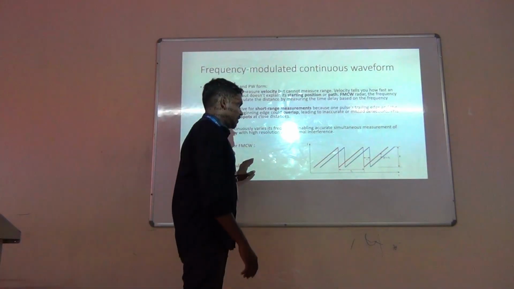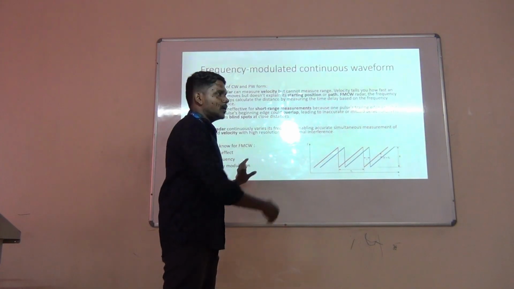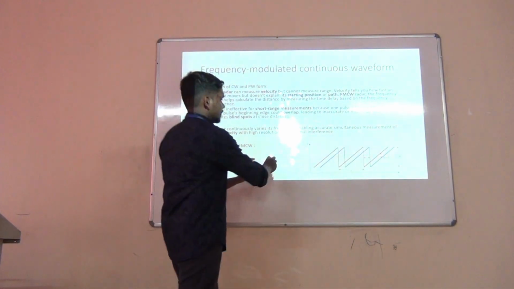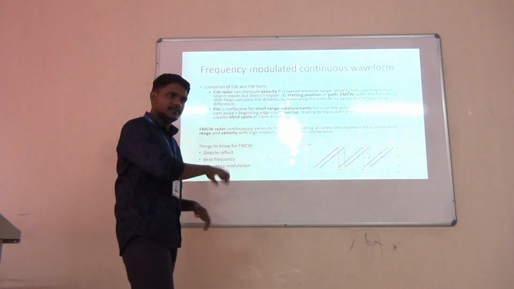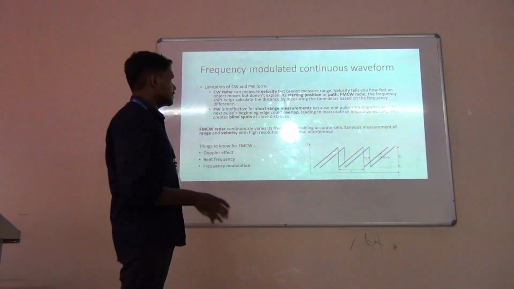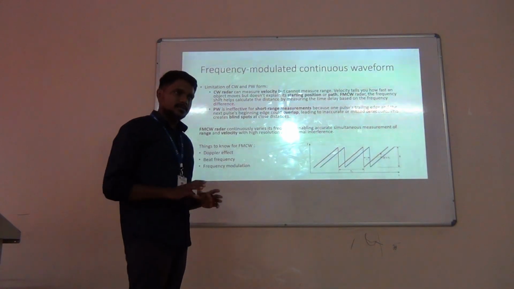Since the waves are continuously transmitted, it is not able to measure the distance. It can only measure the velocity, like at what velocity it is moving. That derivation we will be seeing in coming slides. So please keep in mind that continuous wave radar can measure only the velocity and not the distance.